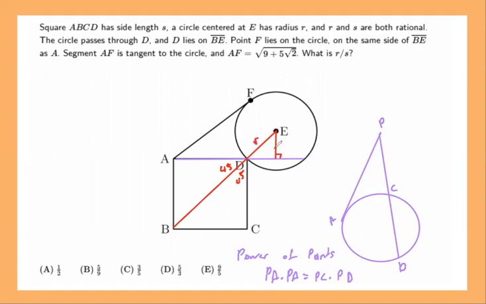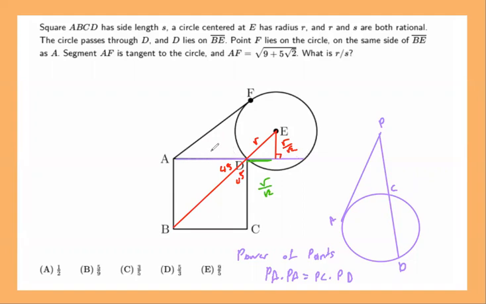Then this is R, and this is 45, 45, 90. So the leg will be R divided by root 2. This piece is also R divided by root 2, so this leg is the same as this one, and the other piece is also R divided by root 2.